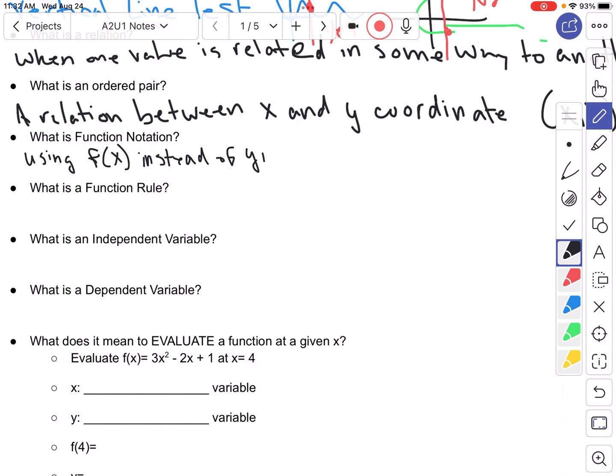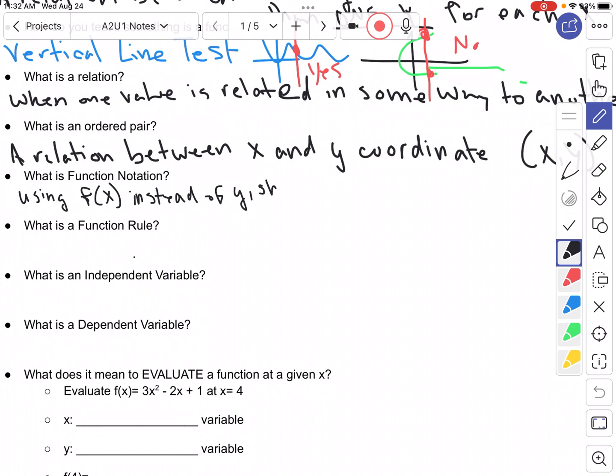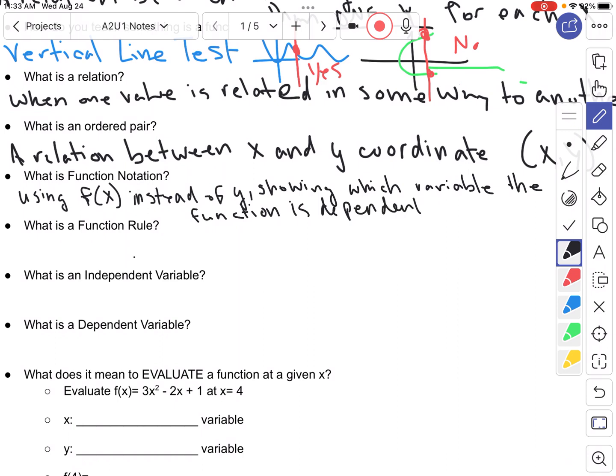And it's showing which variable a function is dependent upon.